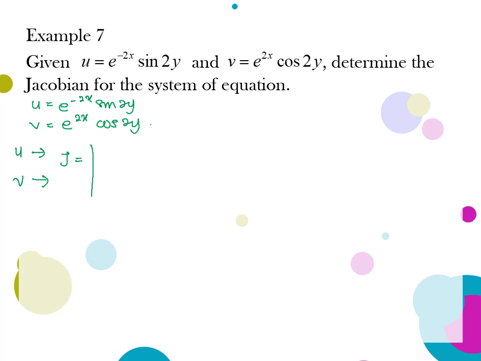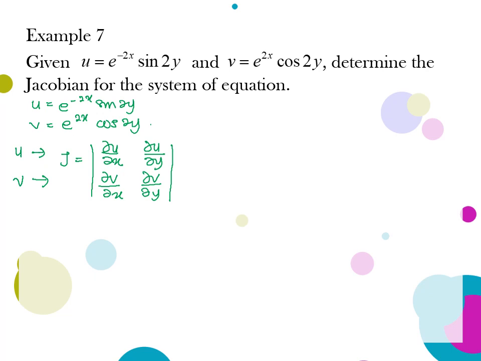So the formula will be del u del x, del u del y, because you are just involved with two variables, which are x and y. Same goes to v here. You will differentiate v with respect to the first variable and then del v with the second variable. So this is the idea.